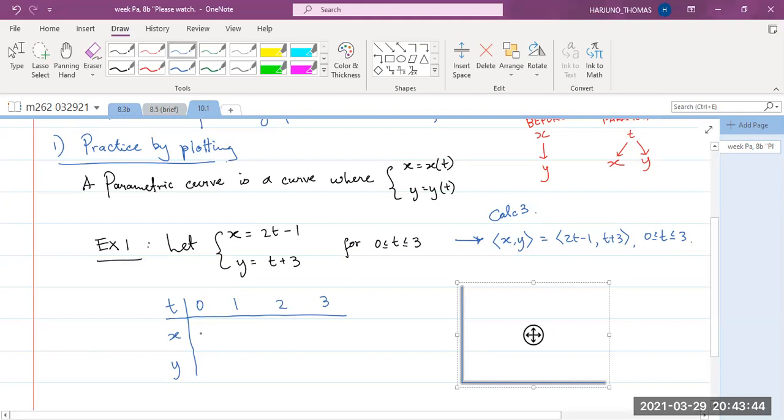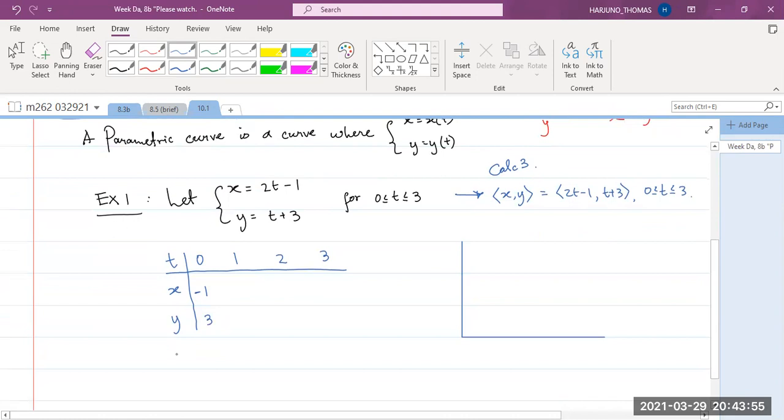Let's try. Suppose when t equals 0, the x is -1 and the y is 3. So the coordinate that corresponds to that will be (-1, 3). When t equals 1, x is 1, y is 4.